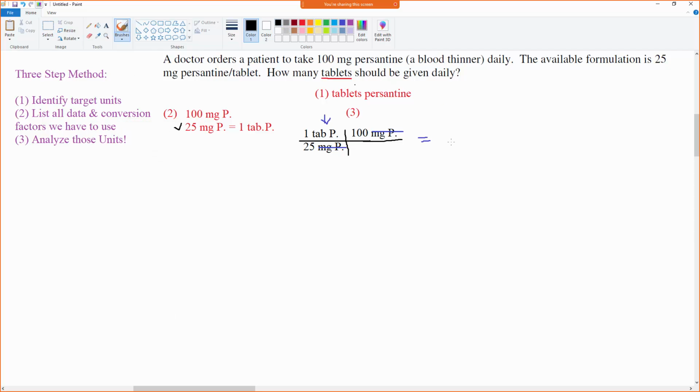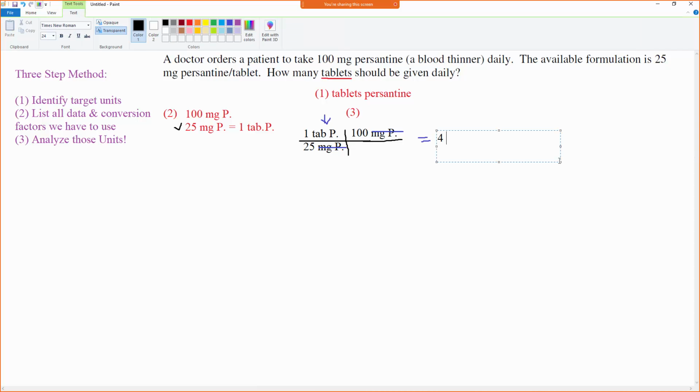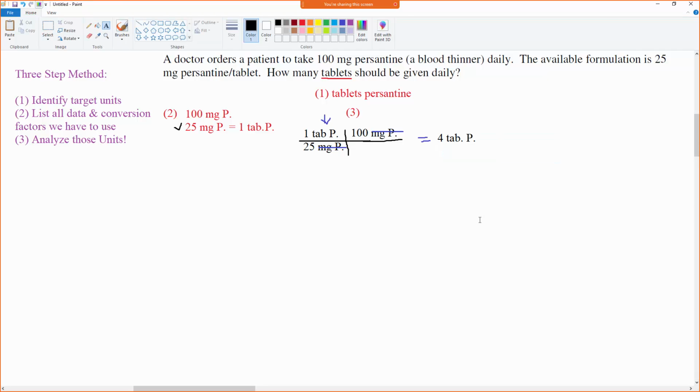Four. Yes. 4 tablets. Does that make sense? It's perfect. All right. But it's not going to stay that easy on the test.